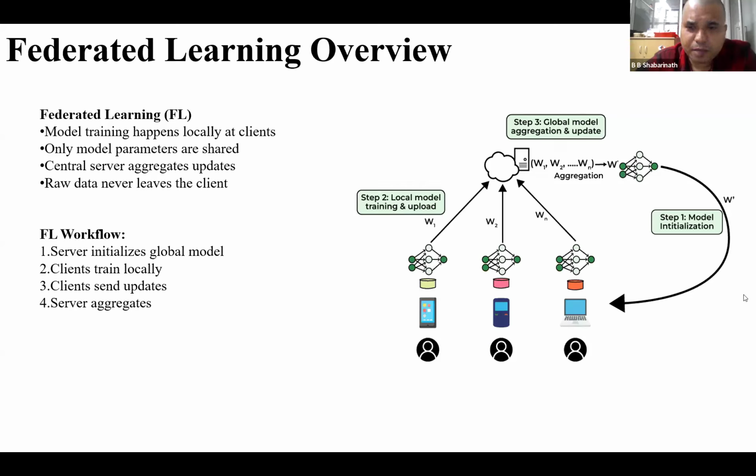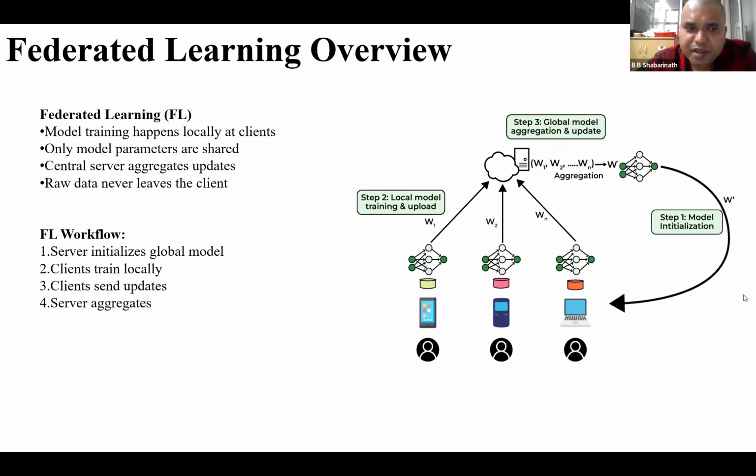Coming to the terminology, federated learning has clients and servers, where each client has its own data. The model training happens at the client, and the model generated by the clients we call a local model. These local models are sent to the server or aggregator. The aggregator, by combining all these local models, develops a global model.